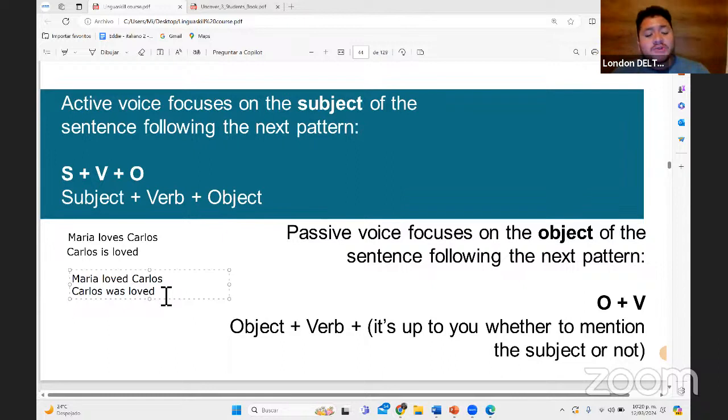The other thing you need to write a sentence in passive voice is the verb in past participle, el verbo pasado participio, que si es regular ya saben que lleva ed, si es irregular pues tienen que revisar su lista de verbos irregulares. Do you have any questions about what we explained about the passive voice?